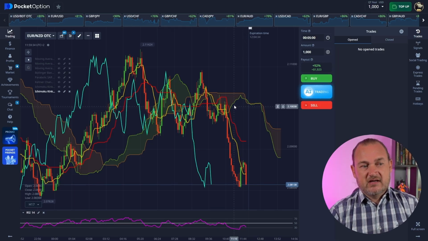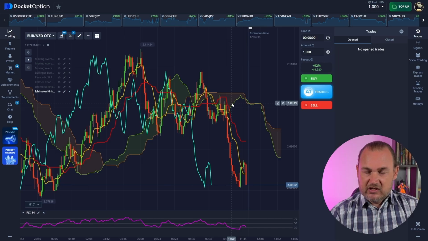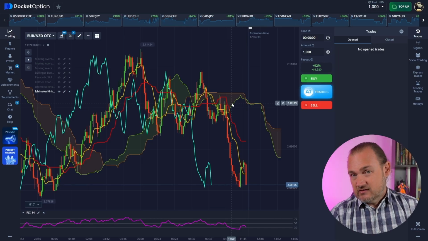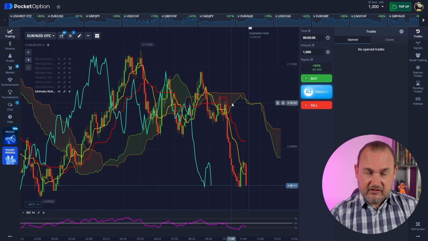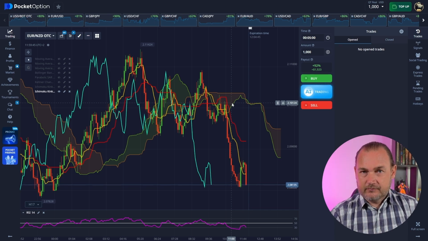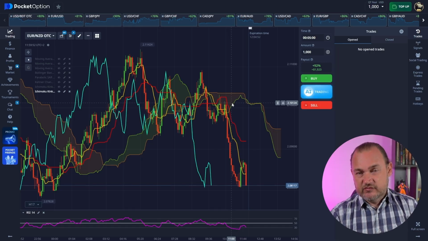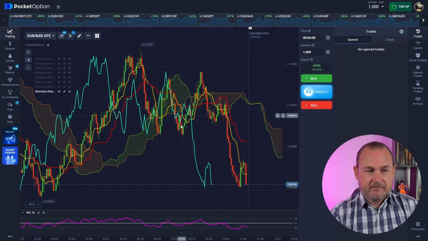So if price rejects from the Kijun-sen or the cloud, and at the same time we see the RSI reject from the 50 line and stay on the side that it was, so if price is moving upwards, we're going to see if the RSI remains above the 50 line, and when price is moving downwards, we're going to see if the RSI tests the 50 line but gets rejected and remains below the 50 line.